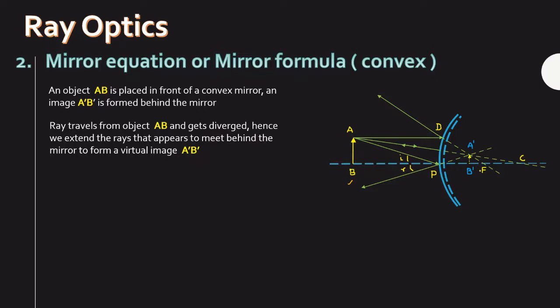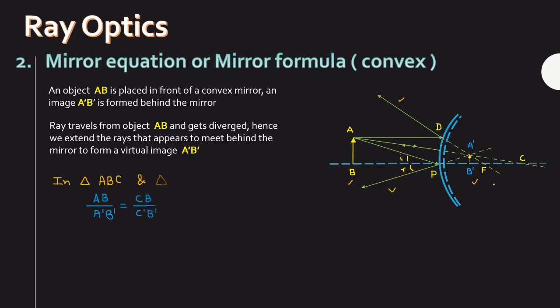In a convex mirror, whenever a ray falls on the mirror, it has a tendency to diverge away, so in reality we cannot make all the rays meet at a single point. Thus we extend all the lines from their divergence point and make them meet at a point behind the mirror, and the image that is formed will be an imaginary image.